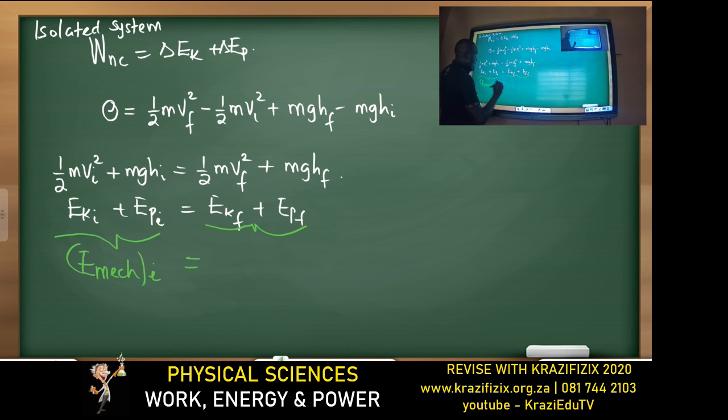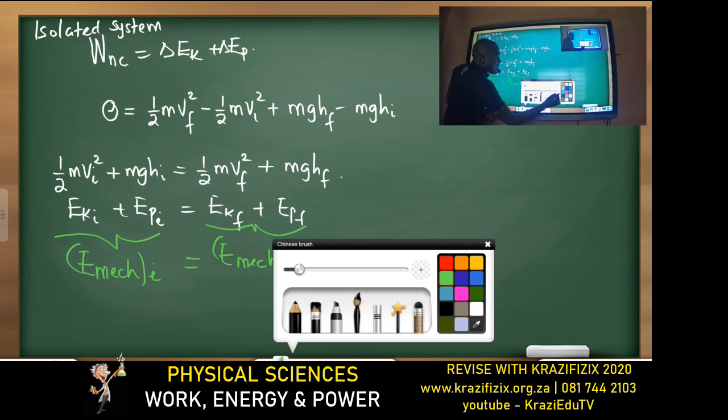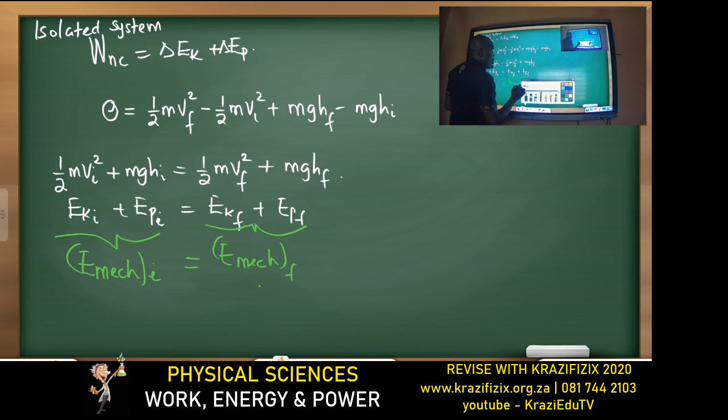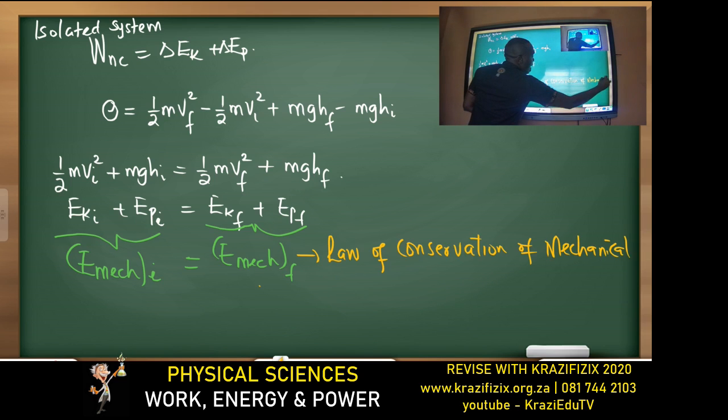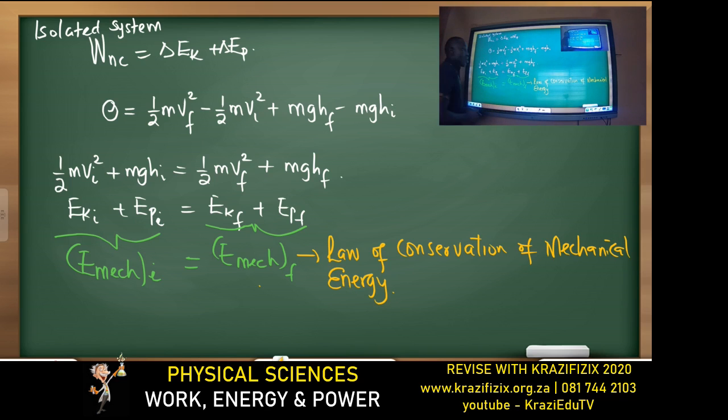So basically we are saying E mech initial is equal to E mech final. And this is known as the law of conservation of mechanical energy.